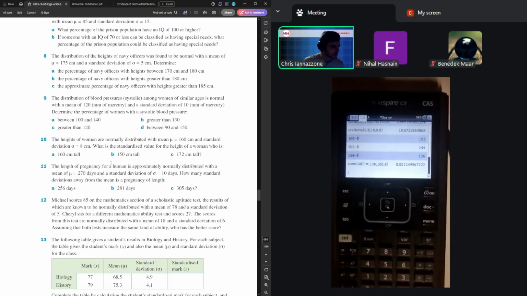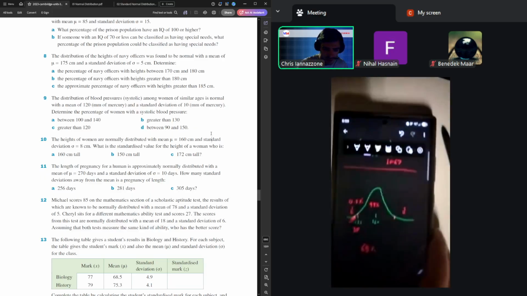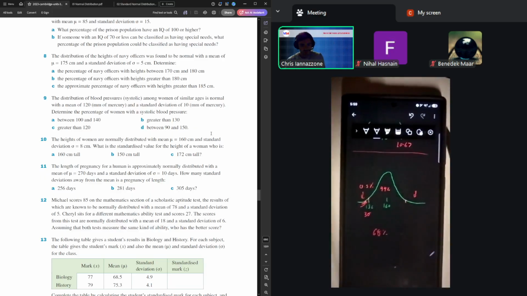Okay, so the next set of questions here we haven't actually had a look at yet, which is this idea of finding a standardized value. I haven't explicitly taught how we do it, but the procedure that we've just been going through is more or less what you need to do. What we were doing was looking at our numbers and thinking about them in terms of standard deviations either to the left or to the right.